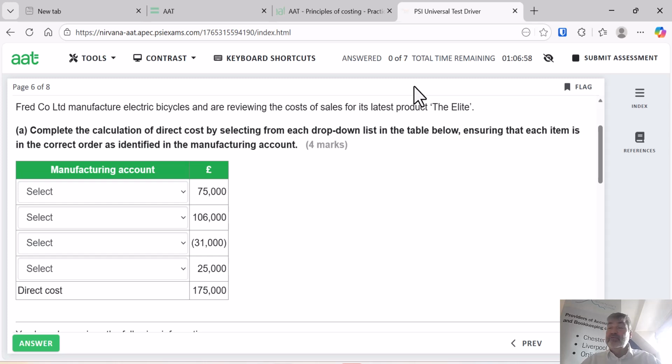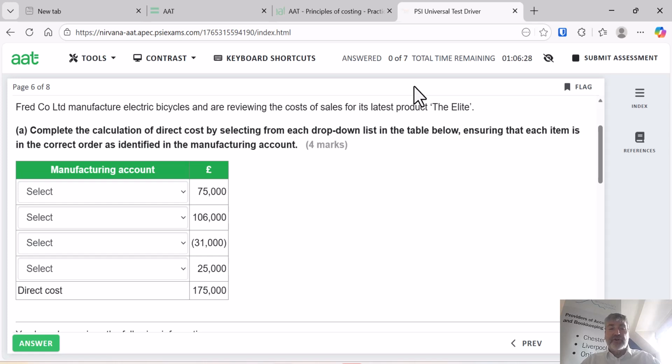We'll be looking for the direct cost of materials, the direct cost of labour, and potentially some other direct expenses. Don't be surprised if you can't find any direct expenses in the question information though, because they're not always given to you, in which case you're just looking for direct materials and direct labour.